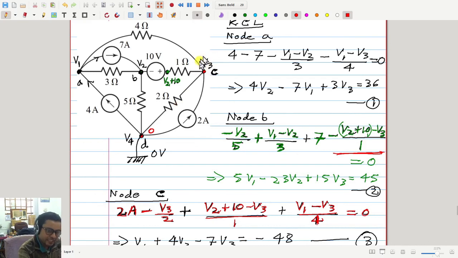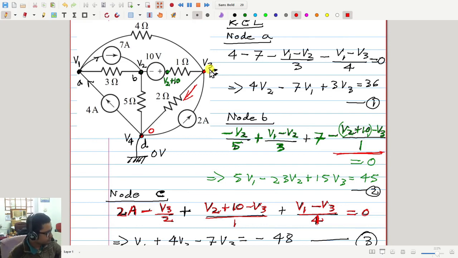We will assume V3 is positive. If V3 is positive, then V3 is higher than 0, so the current is going out. If V3 is not positive, those values will automatically become negative. No problem. So I have assumed V3 to be positive, and V3 minus 0 is going in this way. Don't bother whether V3 is actually positive or not. I think that was your doubt. Yes, sir. Thank you.